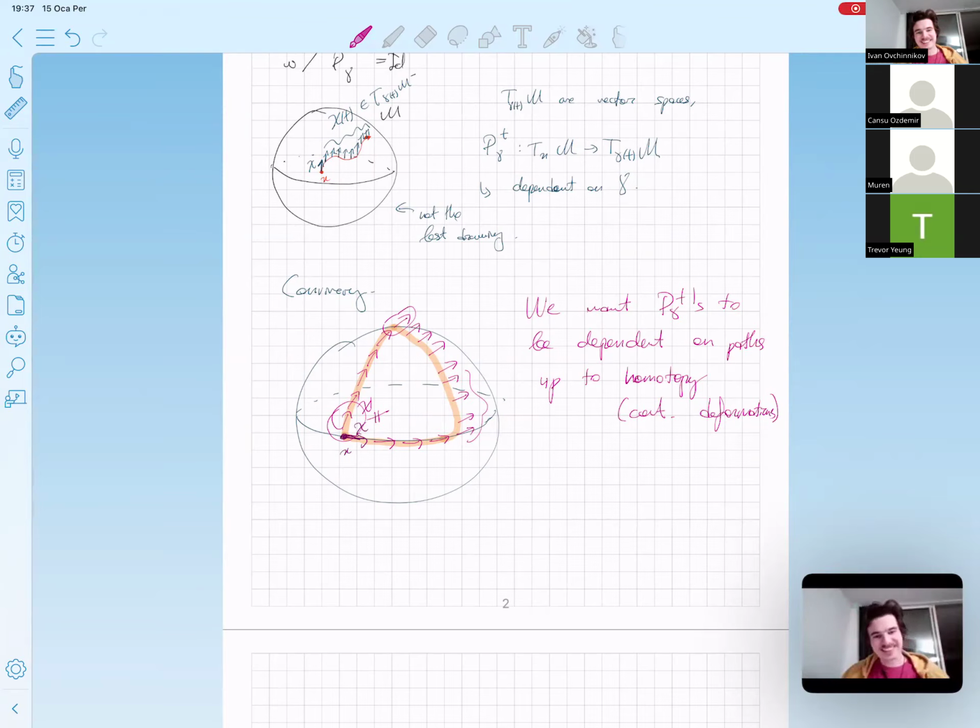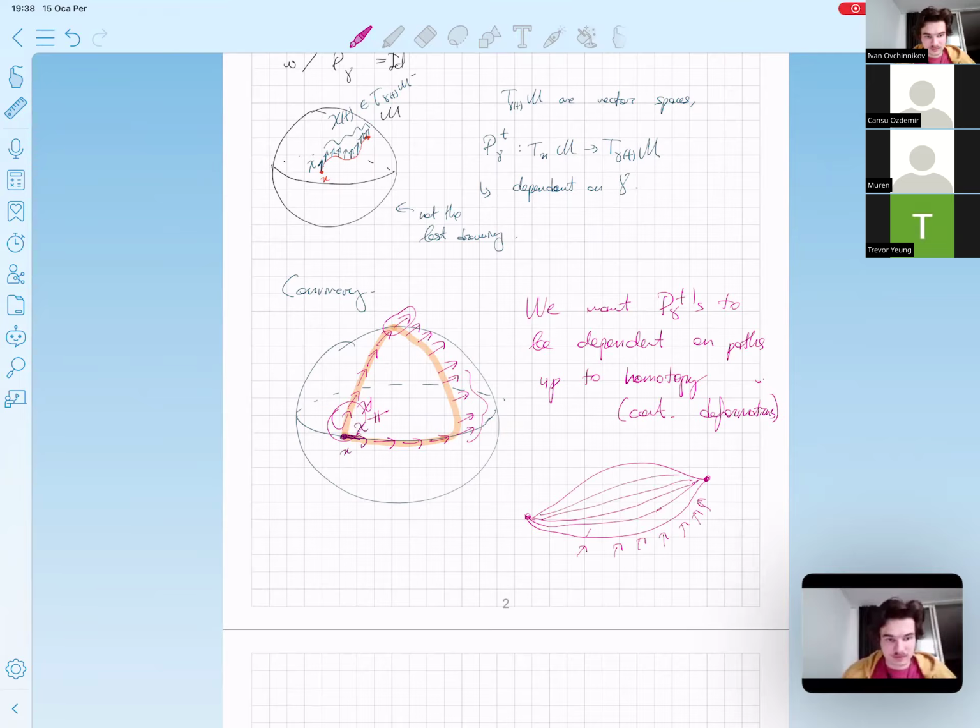Up to continuous deformations is the idea of homotopy, which means that if you have two paths, something like this, and there are no holes in between, you can basically take this and push it. So consider this like a rope with two endpoints fixed, and you can just push it.